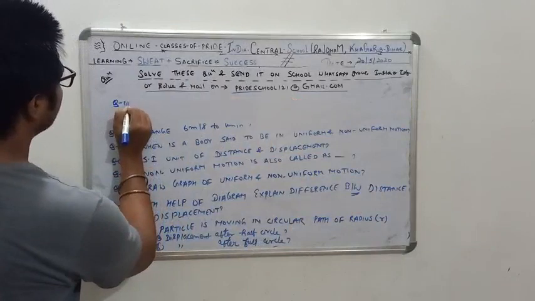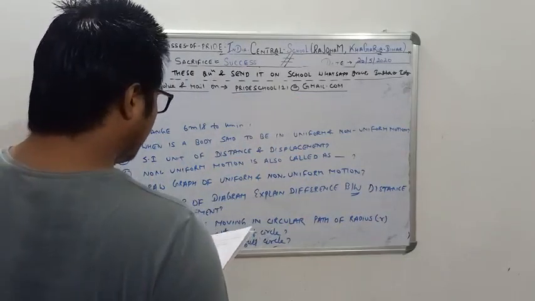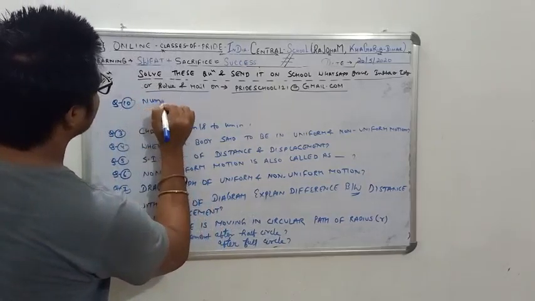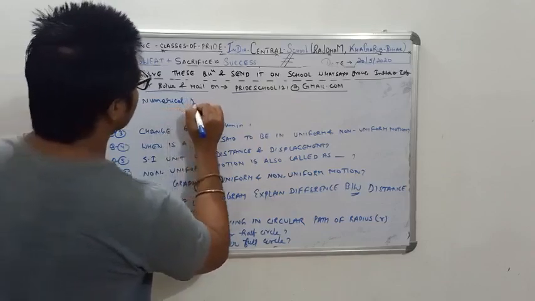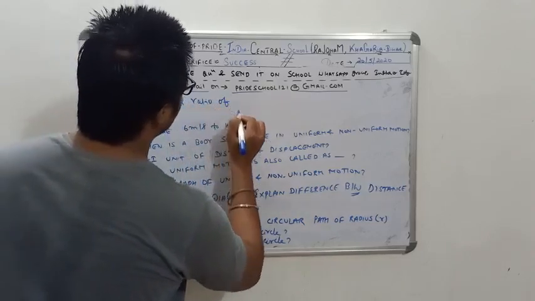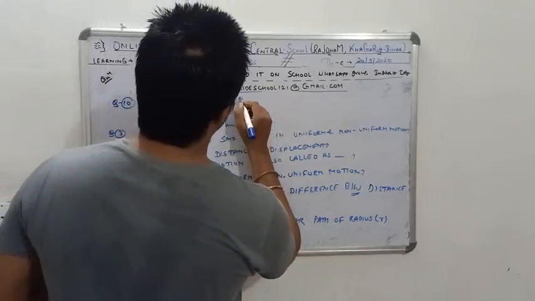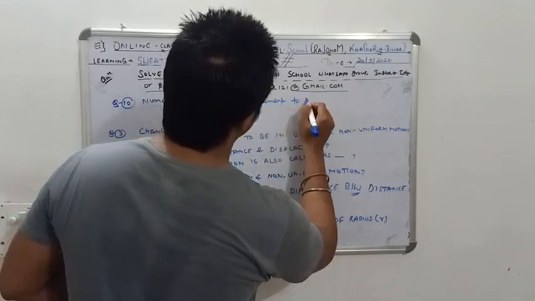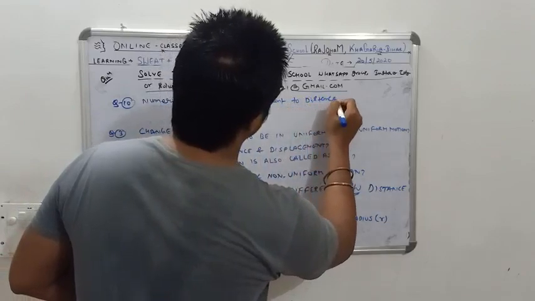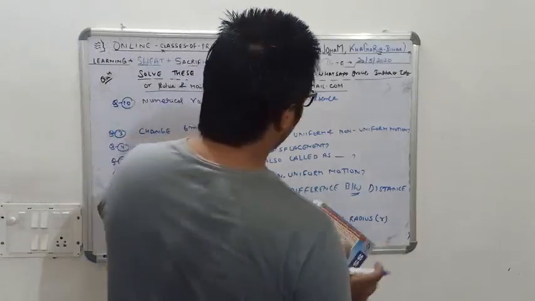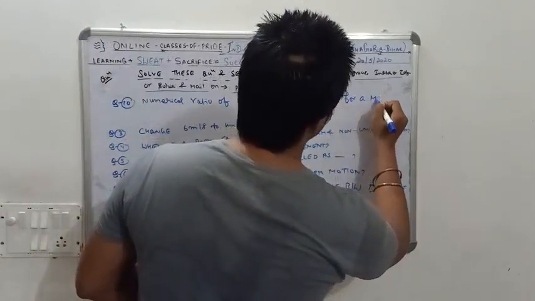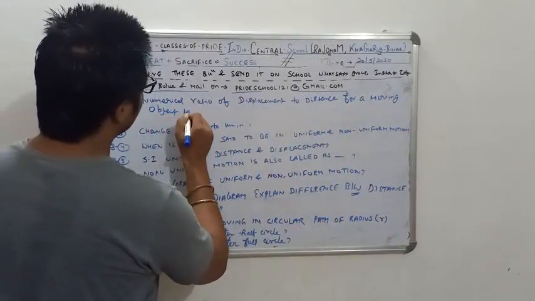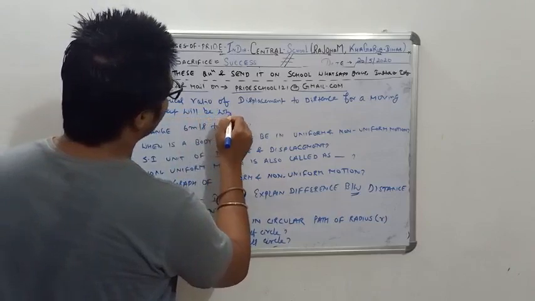So the last question is, the numerical ratio of displacement to distance for a moving object will be what?